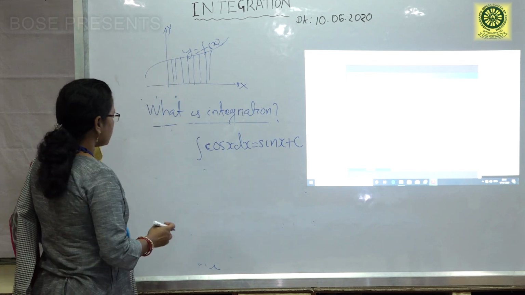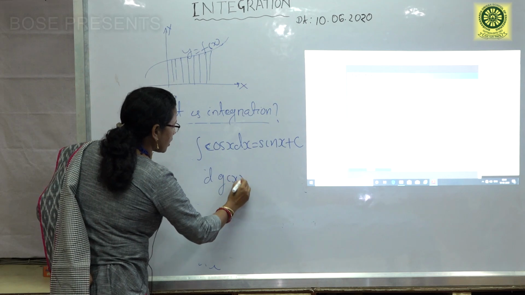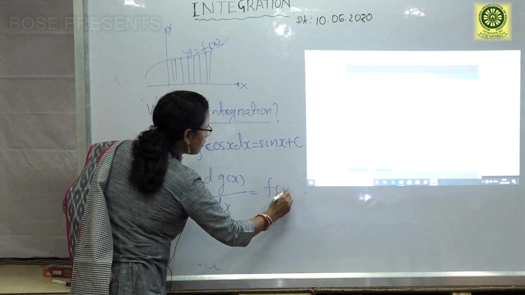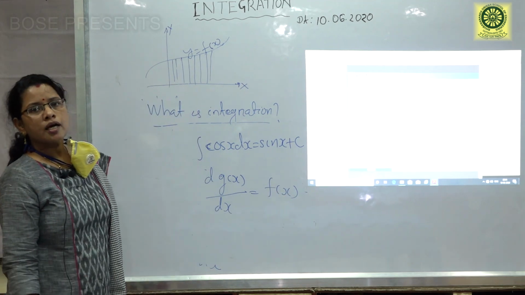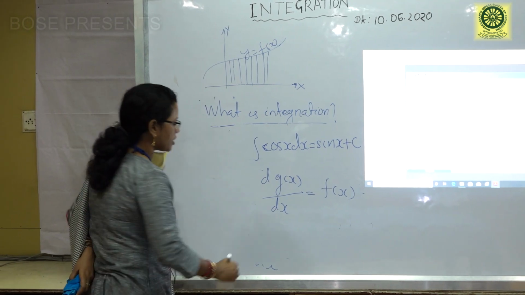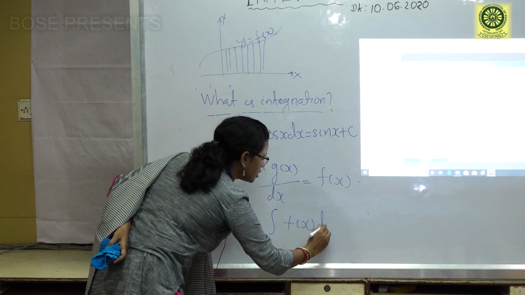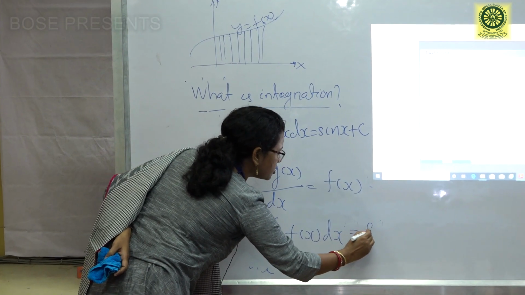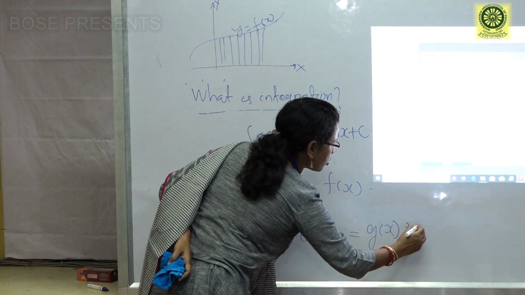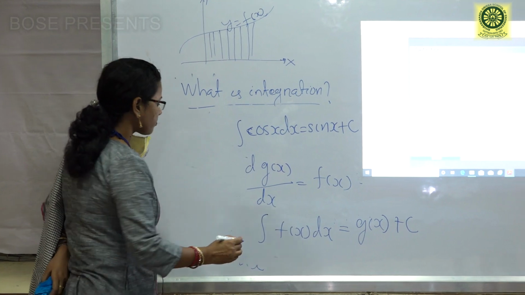In general, if the derivative of a function g of x with respect to x is equal to f of x, then the integral of the function f of x with respect to x will be g of x plus c.